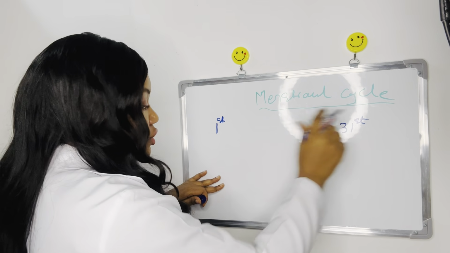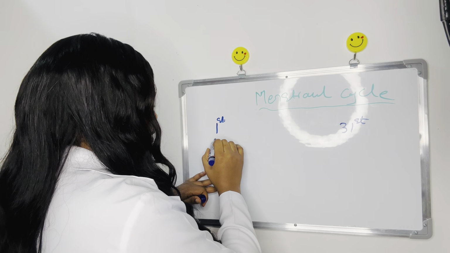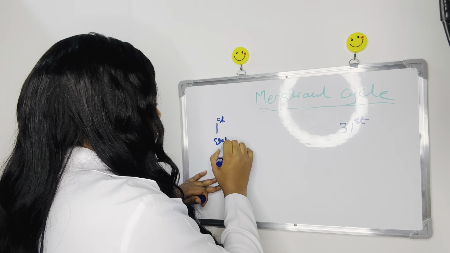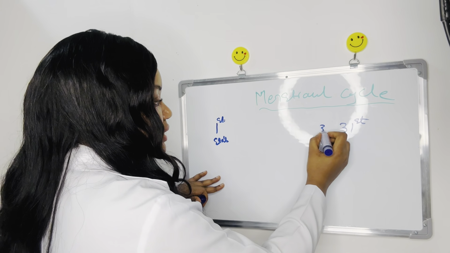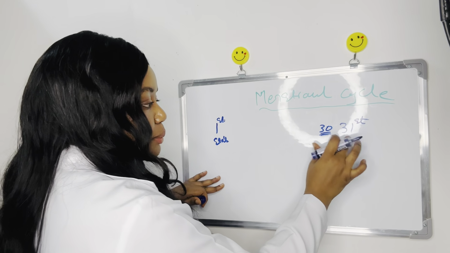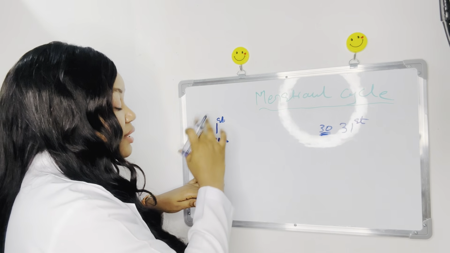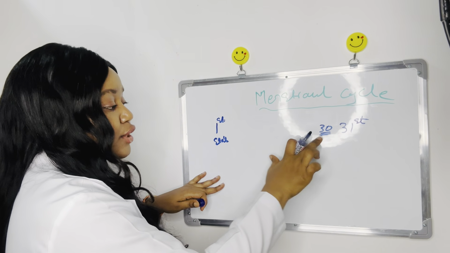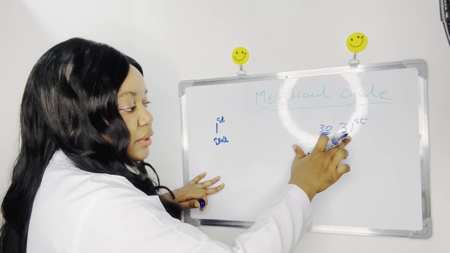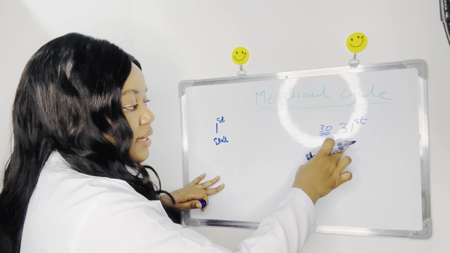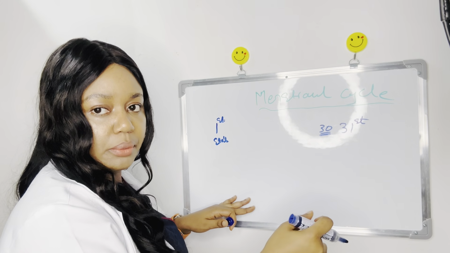So your menstrual cycle will start from this 1st, this is the start, till the 30th, because you have to stop here since you started bleeding back on the 31st. So your menstrual cycle is the interval from the 1st to the 30th. You will not count the 31st because this is the day you started bleeding for your next menstrual period.